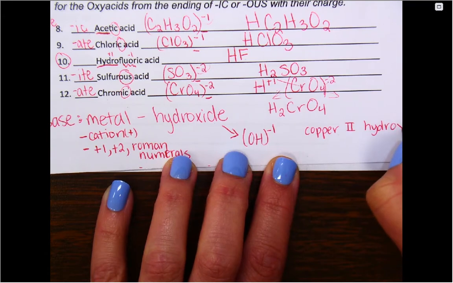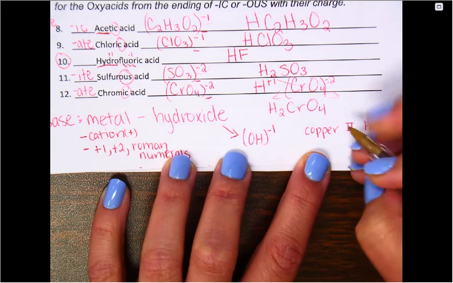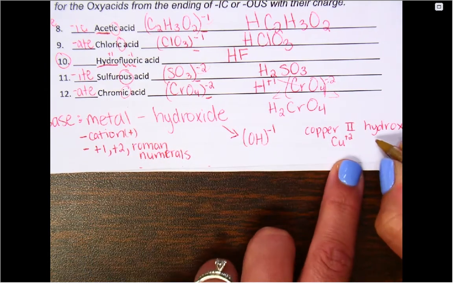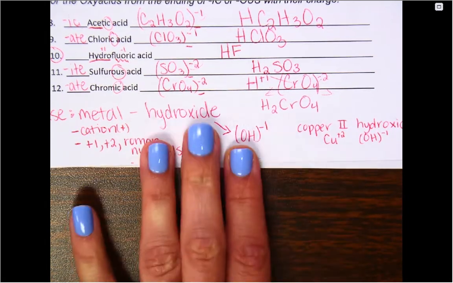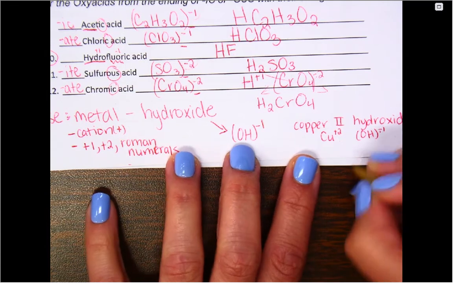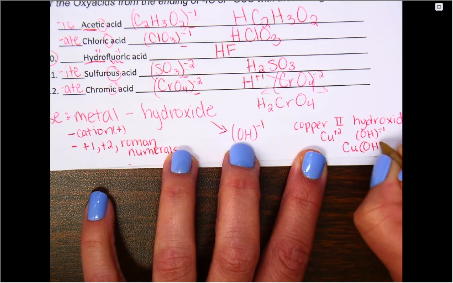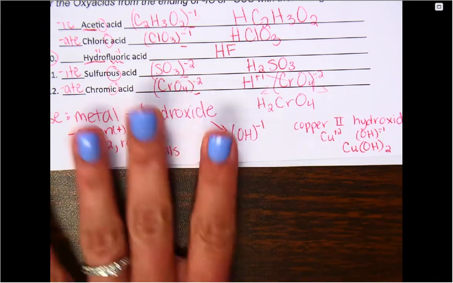If you have copper 2 hydroxide, what that means is that the copper 2 is going to be Cu with a +2 charge. Hydroxide is OH with a -1. Okay, we will crisscross, cross and drop. You end with Cu OH with a little 2 on the outside. All right?